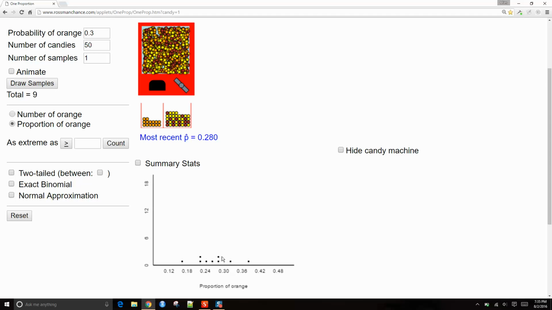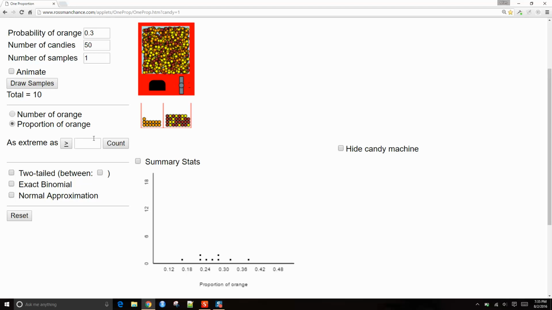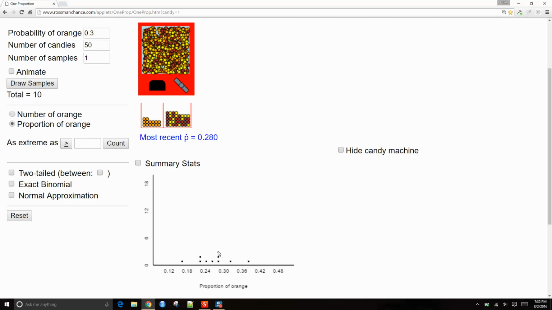And so we can see we're keeping track of these. We got 28% again. Here we got 28% again, so we're getting all of these dots. We can speed this up. We can do 10 at a time. So far we've run 10 simulations and we've got 10 different dots here. Here I'm going to run 10 all at once, and so 10 more dots will appear here.